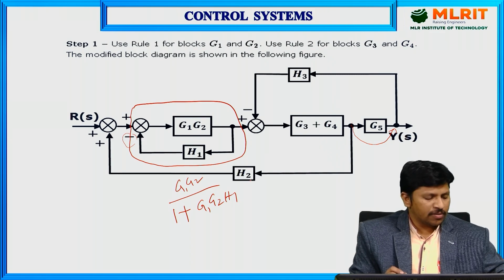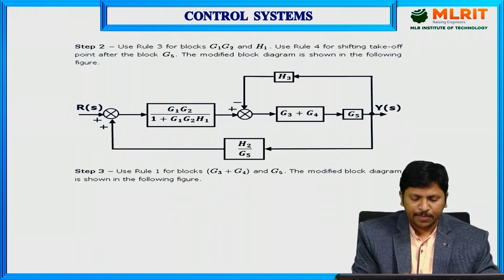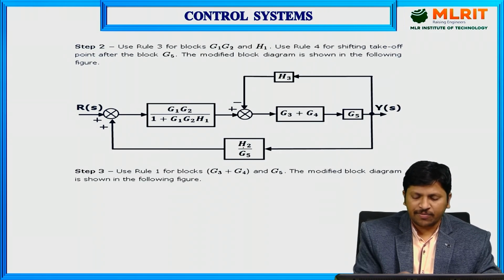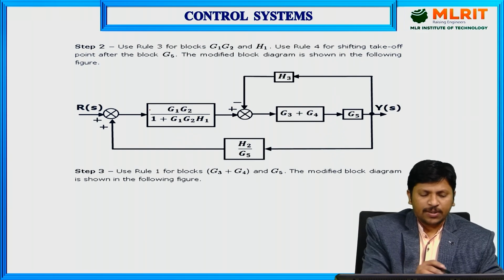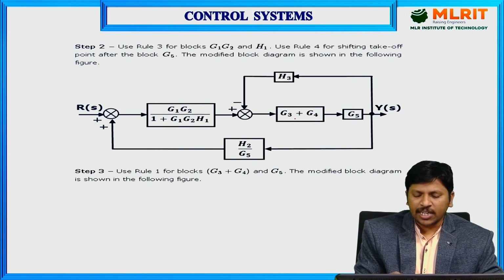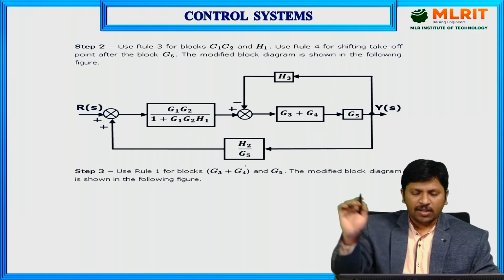Observe the next slide. Here H2 divided by G5. So for G1 G2, this is eliminated. Finally we get the negative feedback transfer function, and after moving the take-off point after G5, the feedback we got is H2 divided by G5. Just observe here.